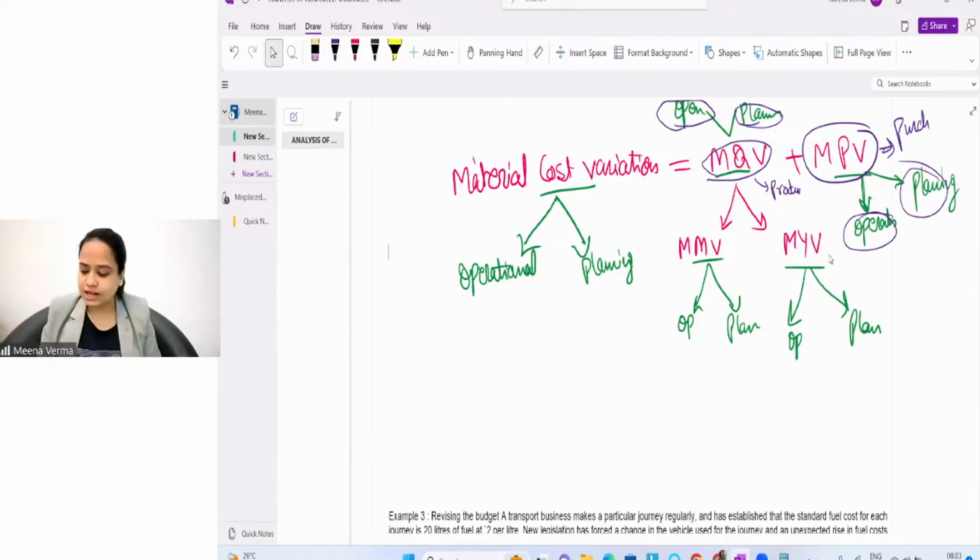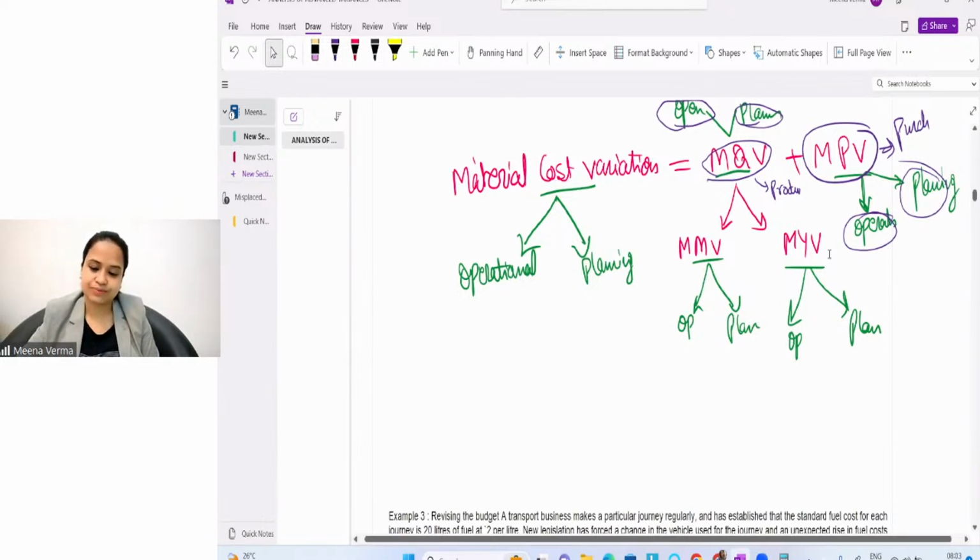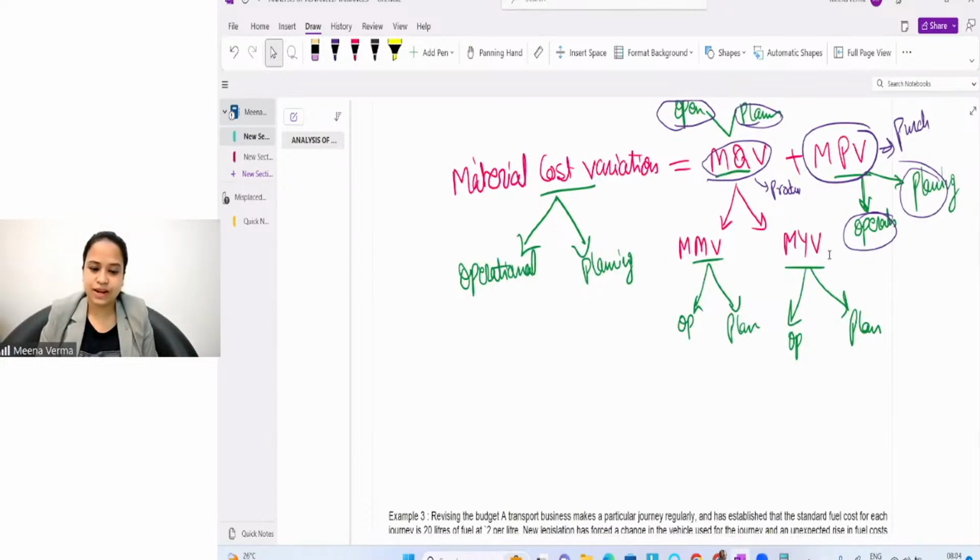So the point is that now the responsibility has increased. The responsibility of the managers is increasing, right? We're studying in more detail. It is not just the operational level manager, but the senior manager also, who actually approved all the budgets, right? So he's responsible for everything.